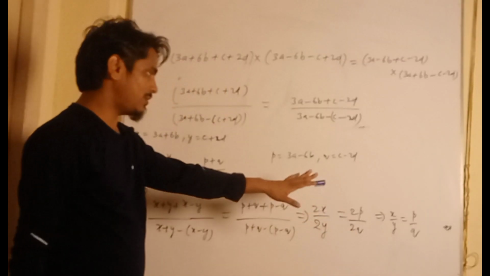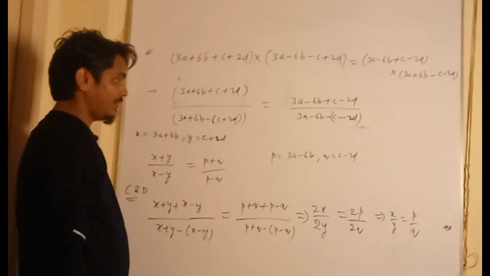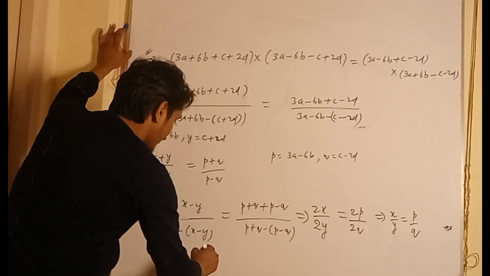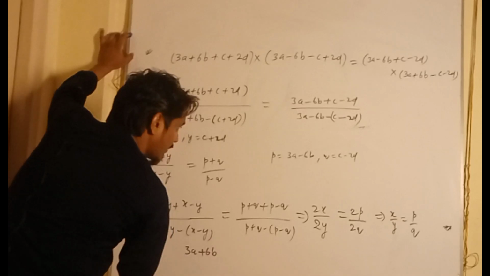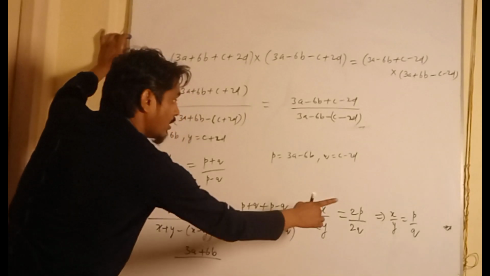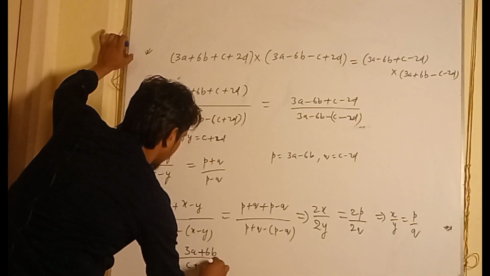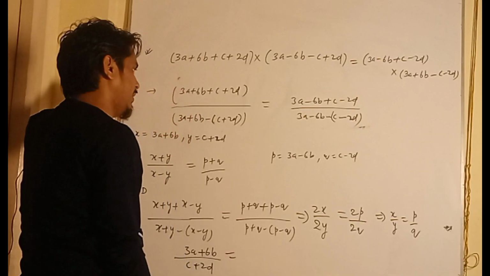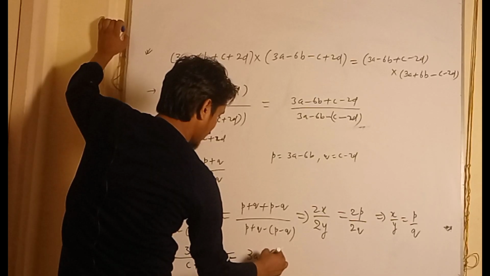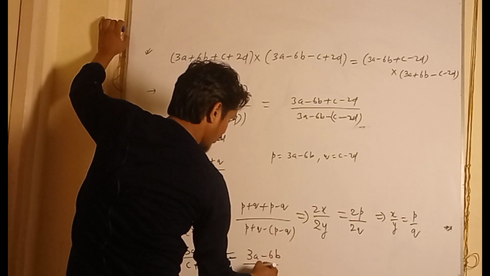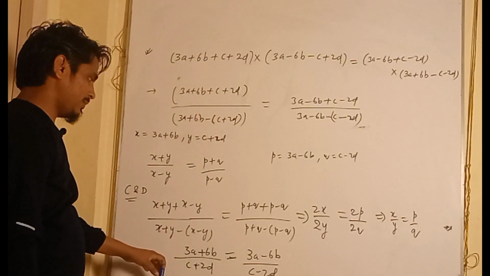So again we just need to substitute the values, and then simplify further. So the x value is 3a plus 6b over the y value, c plus 2d, and on the right we have p, which is 3a minus 6b over c minus 2d. So this is the expression that we got.